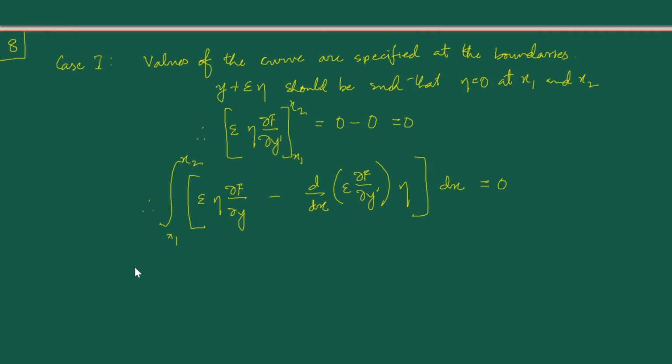Okay, now of course epsilon is a constant, so it doesn't really matter, we can take it out of the integration, but it's very important to note what happens to this eta, because that is not a constant.